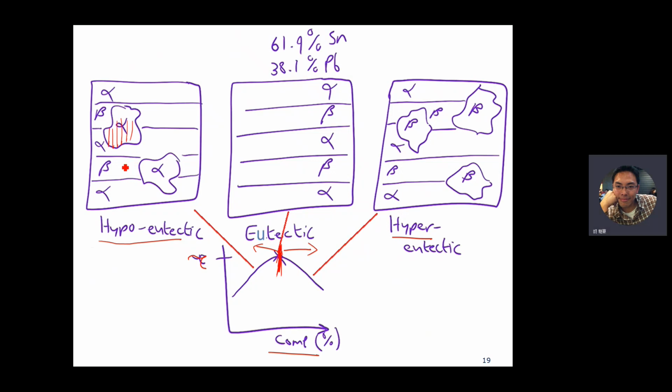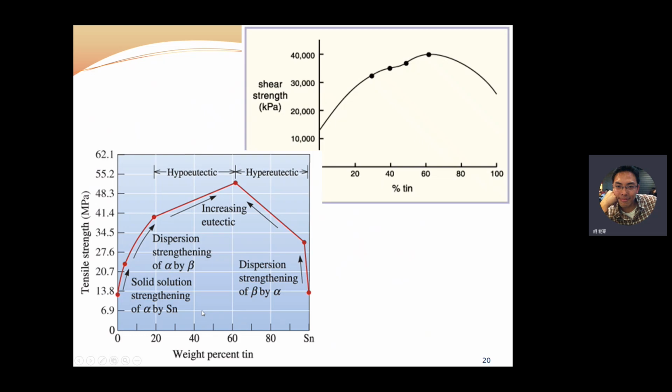For the hypereutectic, the microstructure is the lamellar structure with the beta solid solution. And this is the shear stress, which I already mentioned, and this is the tensile stress.